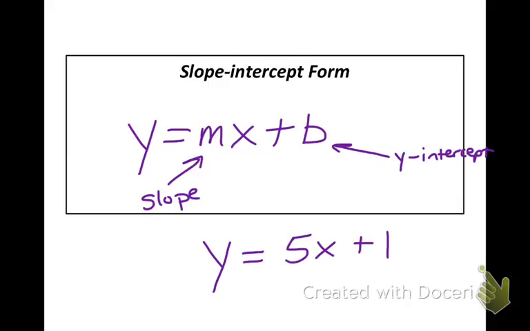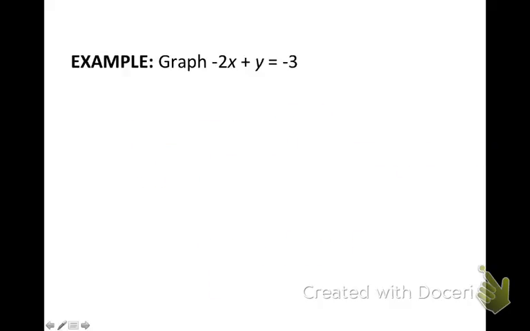Okay? So, slope-intercept form. We've got that taken care of. If I give you an equation, can we turn it into slope-intercept form and then graph it? Hopefully. If I have negative 2x plus y equals negative 3, what does that look like in slope-intercept form?